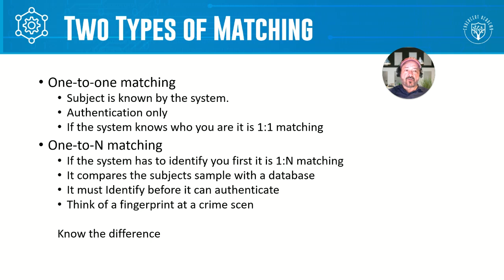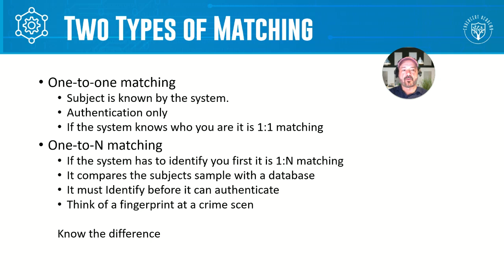When it comes to biometrics, there are two types of matching. There's what's known as one-to-one matching and one-to-N matching. For some reason, I've had some people in my boot camps who struggle to understand this, so I'm going to try to make this as clear as possible. With one-to-one matching, the system captures a live capture sample and then compares it against a known profile.